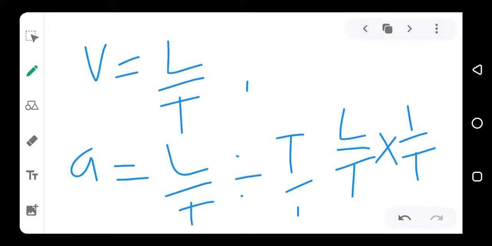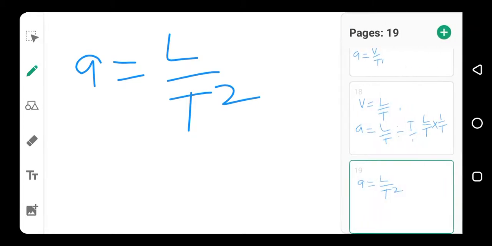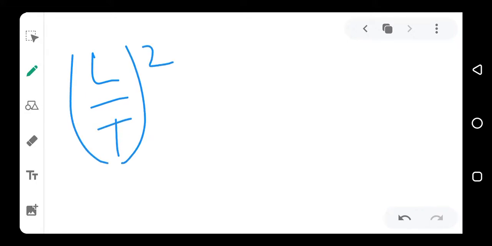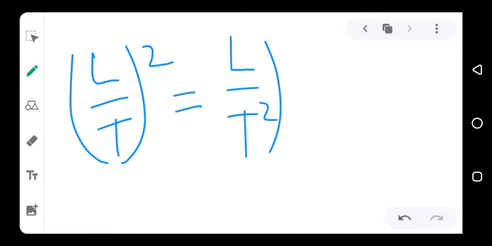Okay, so we put everything together now. We put the fundamental and derived quantities together. So we have L over T, squared, is equal to, that is for the final velocity, L over T squared, the initial velocity, plus 2as.